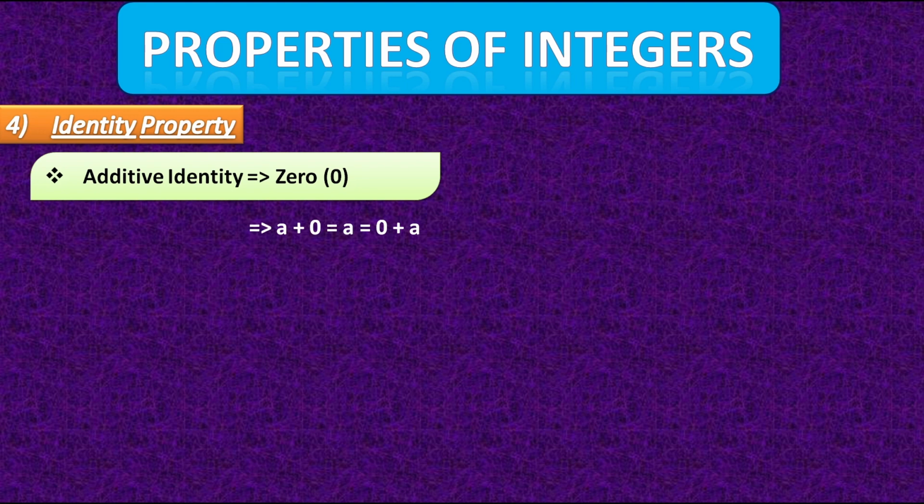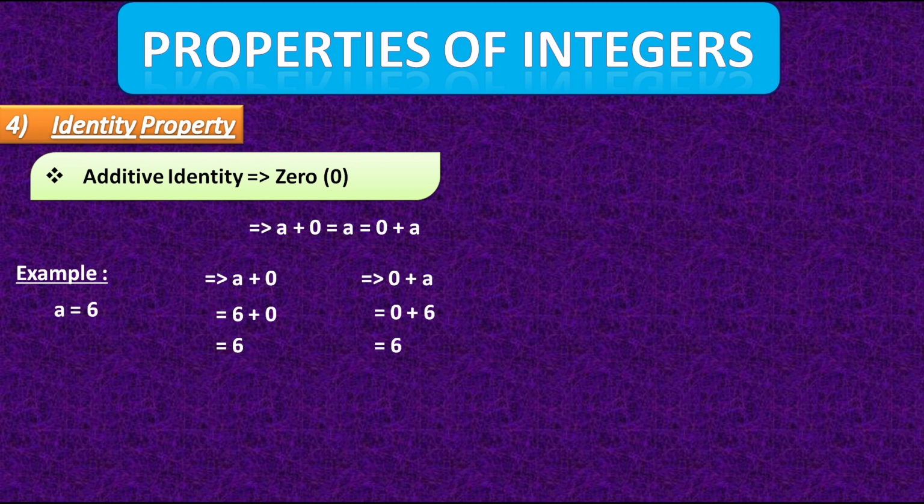Therefore let's check with the help of example. Here I am taking the integer 6. If I add 6 to 0, I'll get the answer as 6 only. Even if I interchange the places of 0 and 6, then also I'll get the same answer.